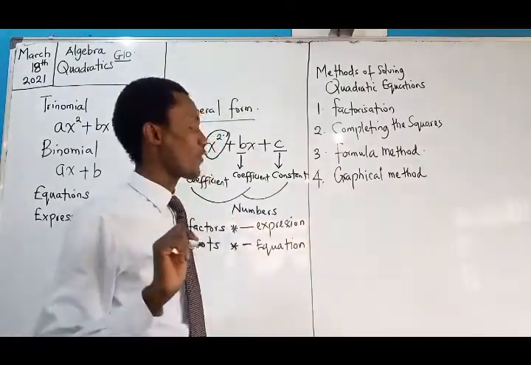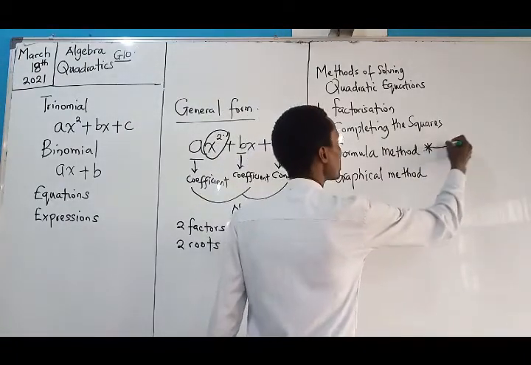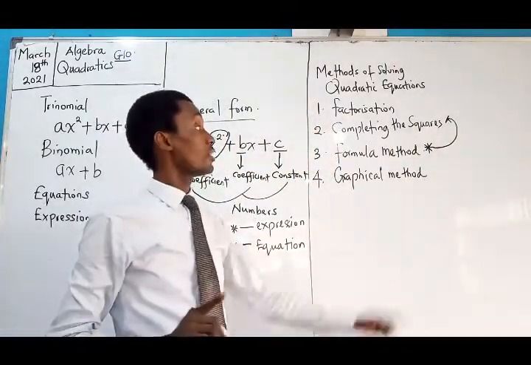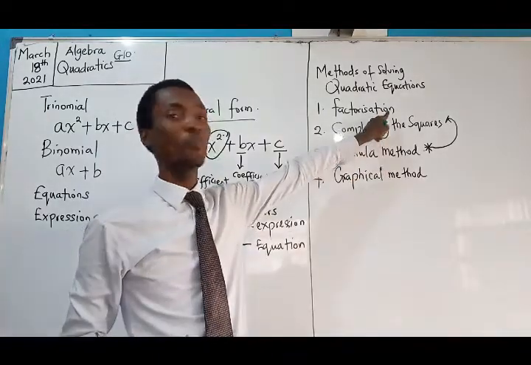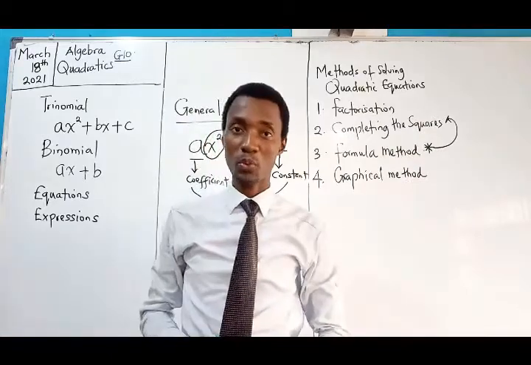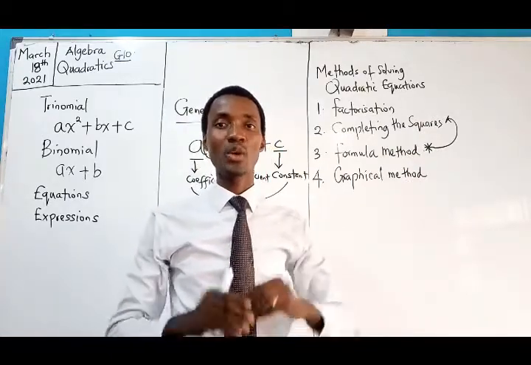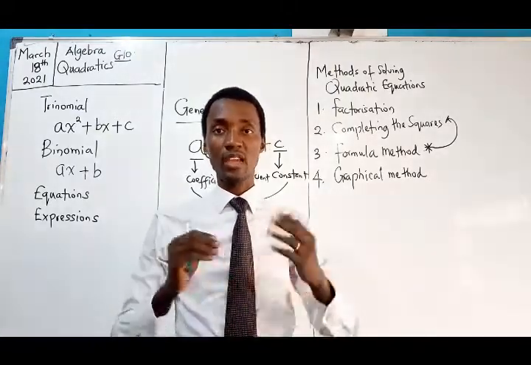By way of added information, the formula method is no different from completing the squares. In fact, the quadratic formula is obtained by completing squares. We're going to treat all of that when we come into equations. But for now, we will settle our hearts to see how we can obtain factors when given quadratic expressions.